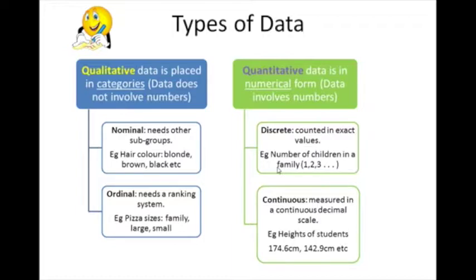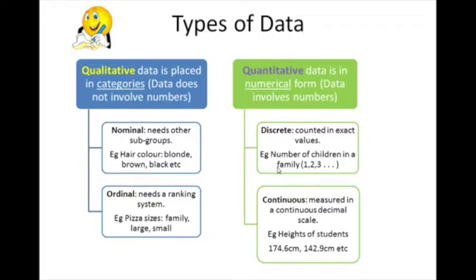Nominal, the first word there, means that we're going to need some other subgroups or other groups that break that particular heading up into. So for example, if we're looking at hair colour, we'd be thinking about whether it's blonde, brown, black, green, blue, purple, for example, and we'll be writing that particular word down.